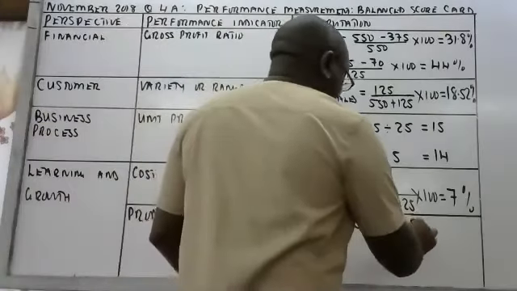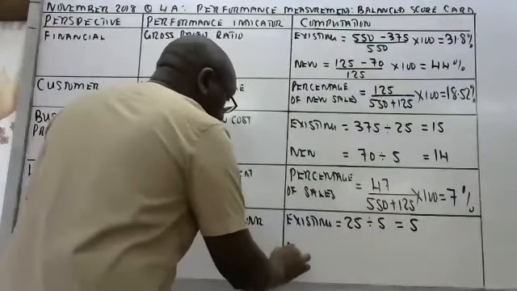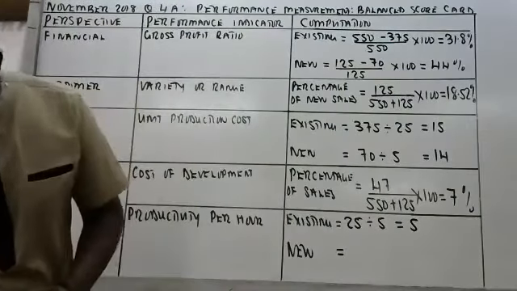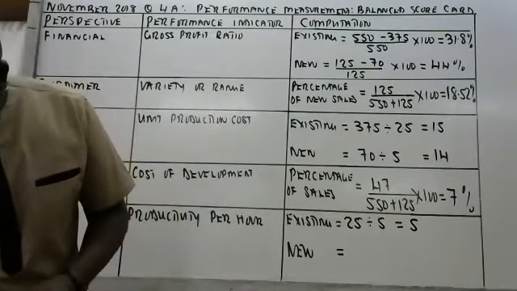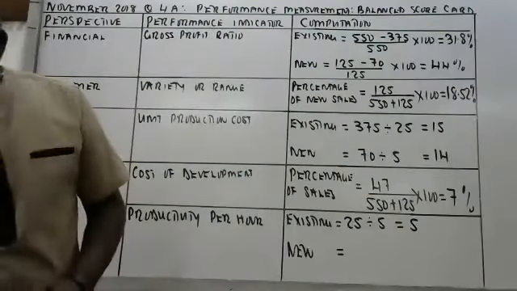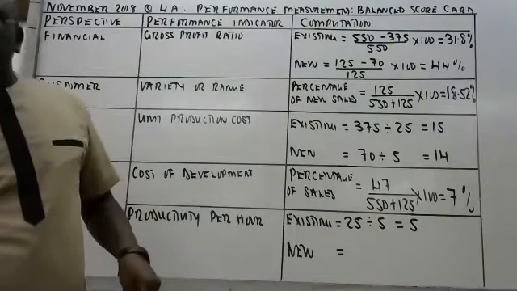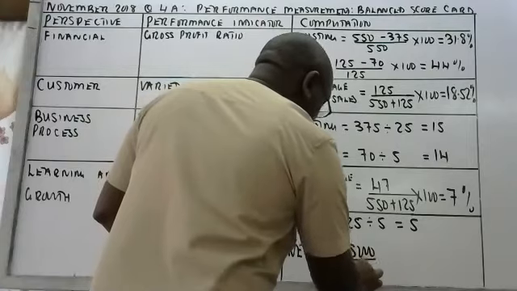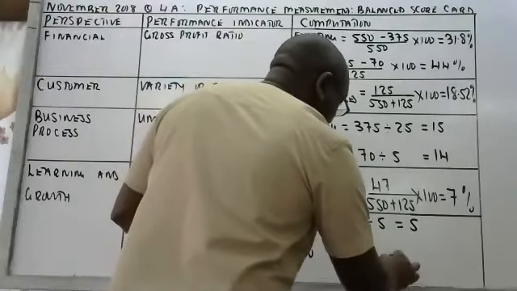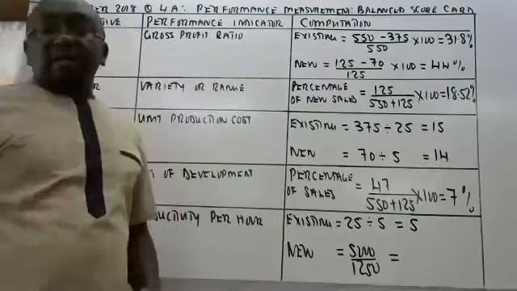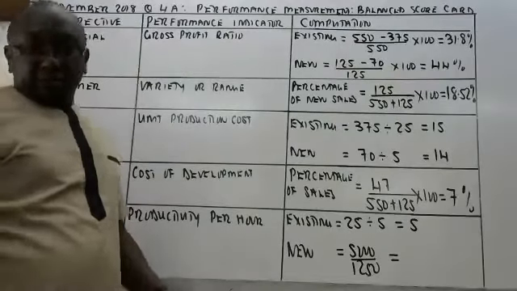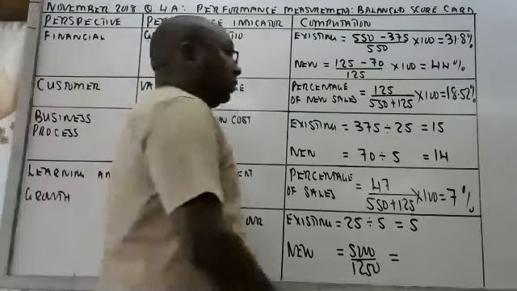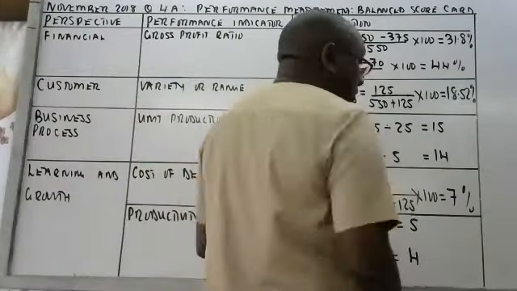Yeah, 5. For the new, you can see we are making 5,000 using 1250 hours. So 1 hour is giving us how many units? Yeah, you can see it's giving us 4.